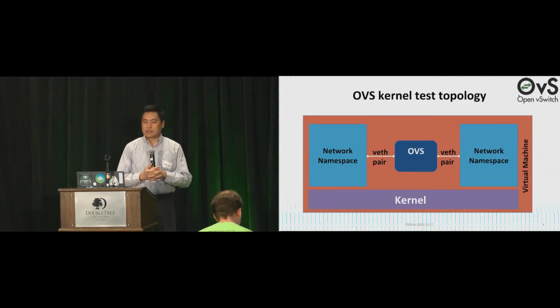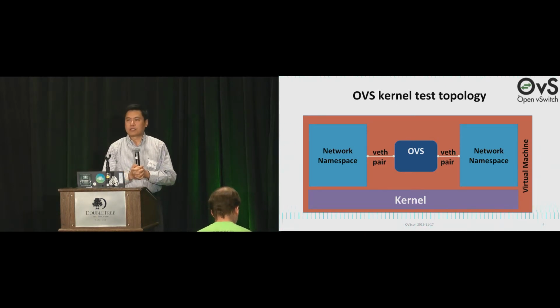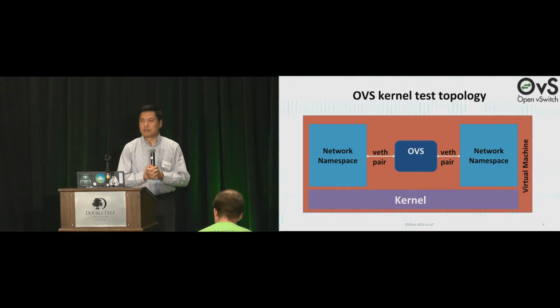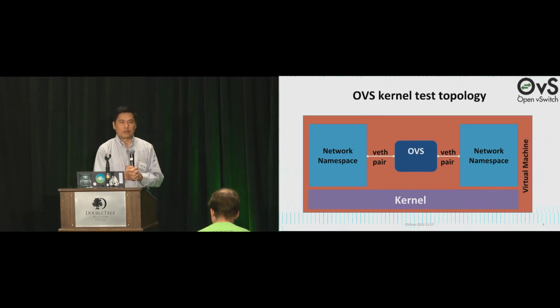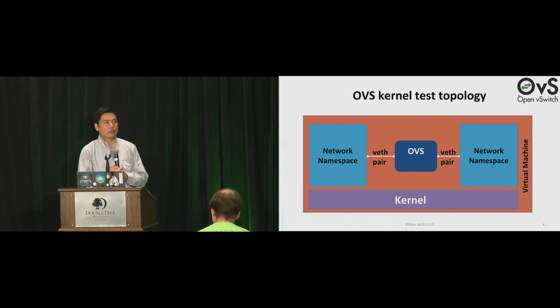So we built some test infrastructure, and there are a couple of key decisions we had to make. Because the kernel data path runs in the kernel, it can crash, and we don't want it to crash the system you're running on. So we decided to run it in a virtual machine environment, and we adopted Vagrant as our environment. Secondly, how do we drive traffic into the kernel data path?